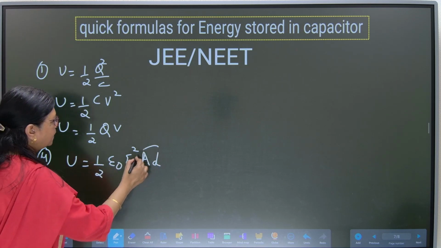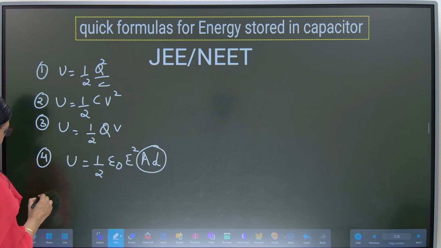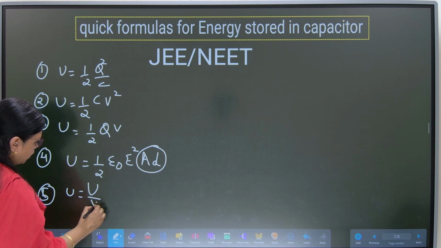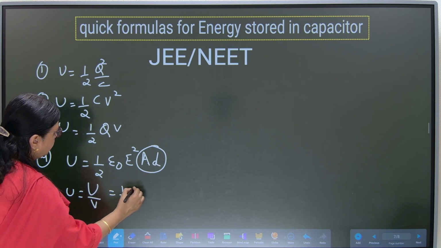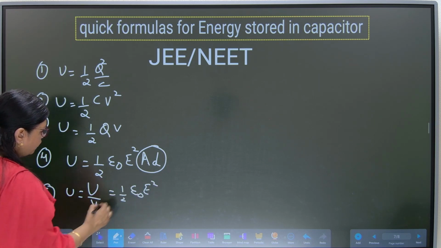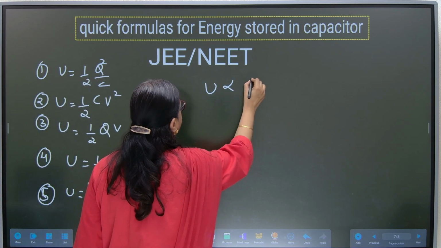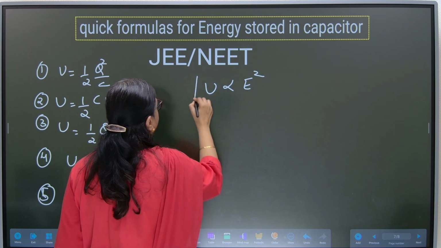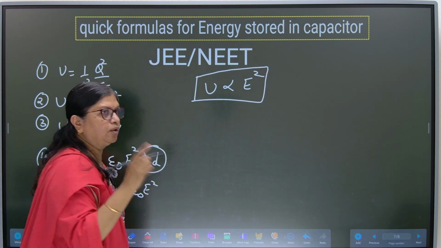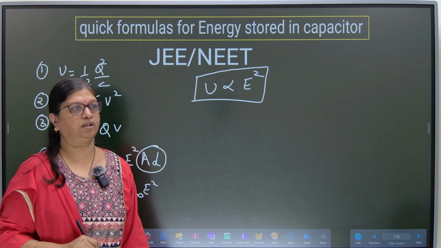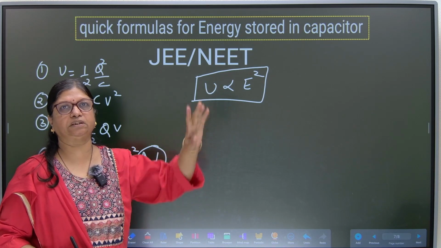Then AD can be considered as a volume, so we can write the energy density as u, small u, is equal to capital U upon volume, which is equal to half epsilon naught E square. From here, we can also write u, that is energy density, directly proportional to E square. This will be again used when we talk about the magnetic energy stored in an inductor. This is electrical energy stored in a capacitor.